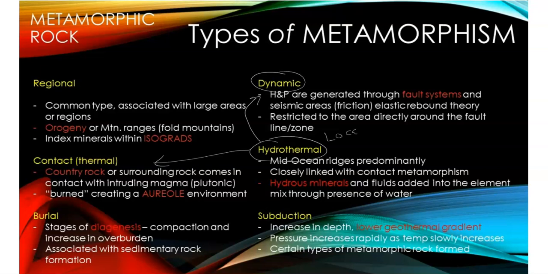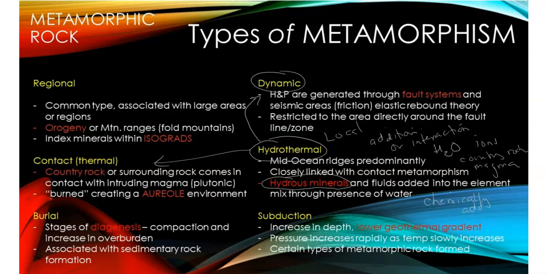Again, this is a local type where you'll get the addition or interaction of water and other dissolved ions moving into that country rock and interacting with magma to form different elements, so to chemically change or add, and the metamorphic process would actually increase when you have what's called these hydrous minerals.